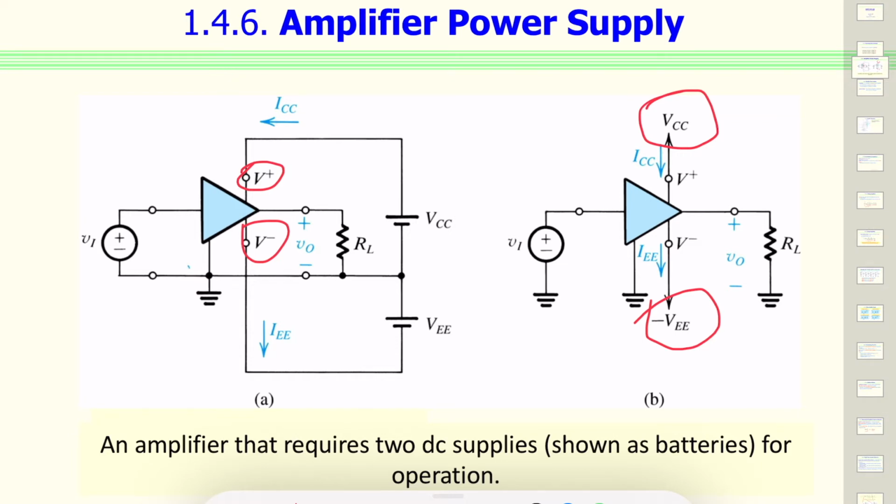Now, the current drawn from the positive supply is denoted as ICC, and the current that comes from VEE is called IEE. So the power that's delivered is the addition of a number of things that are coming together, and we sum them up.